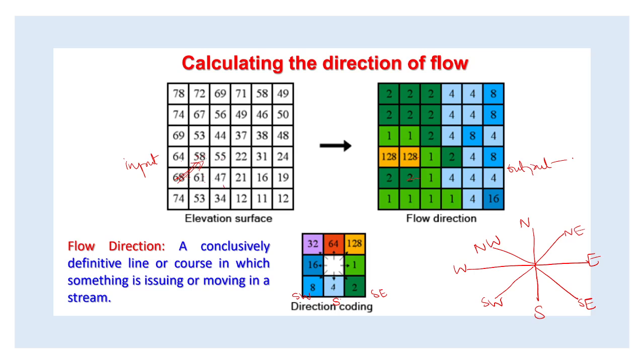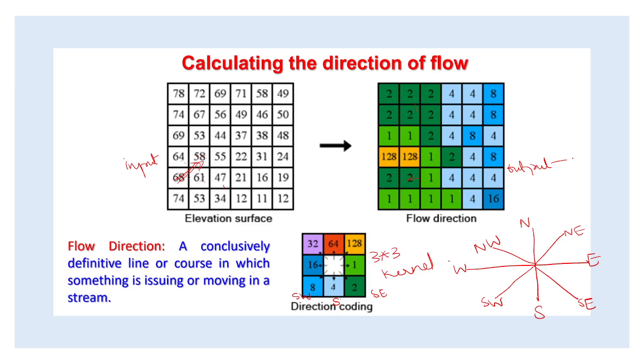So like this, we are comparing the elevation values, and then we are assigning the direction code to each of the cells. While calculating flow direction, we use this 3 by 3 kernel. I hope that is clear.